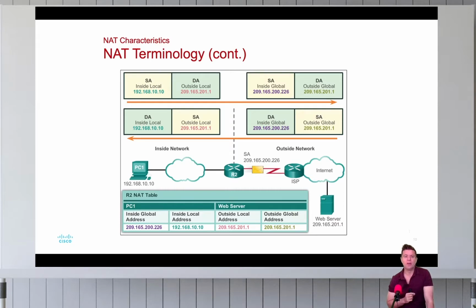Even though chances are the web server may be using private addressing on the inside of its network, we don't know what's happening on the inside of someone else's network. So from our perspective, the outside local and outside global addresses of another organization's devices look exactly the same to us. We can only see the difference between our inside global and inside local addresses.